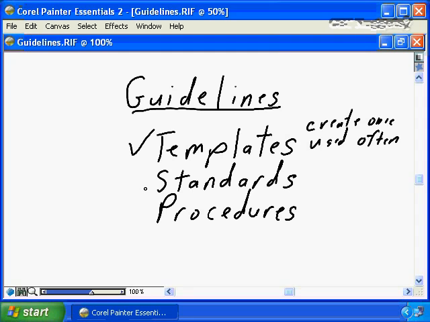Another key to effective communications is ensuring standards are in place, ensuring that everybody is doing things the same way, ensuring that all status reports have a consistent look and feel, and that all status reports contain the same information. Standards and procedures ensure that we do the right things right.